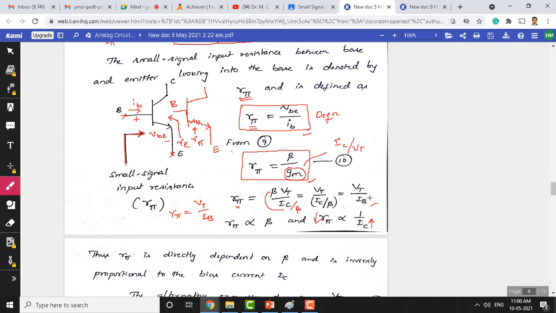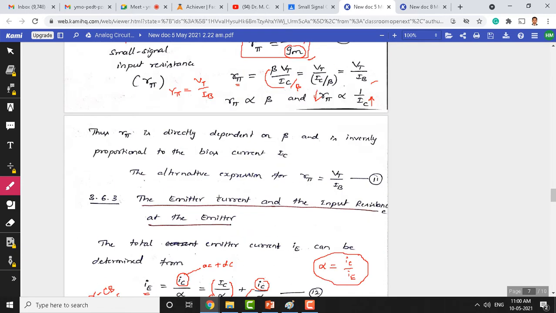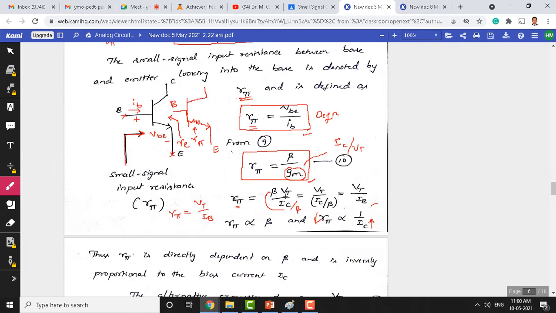From these expressions we can say that R pi, the input resistance, is proportional to beta, and the resistance at the base is also related to the DC collector current. Those are the conclusions we can arrive at from the input resistance of the BJT.